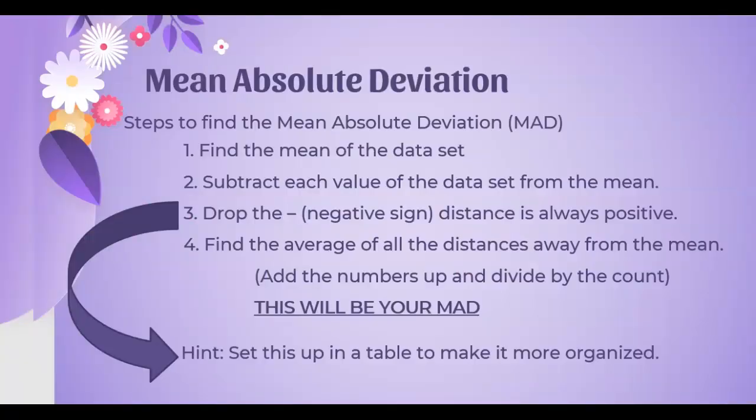So here's just a review of the steps that we use to find the mean absolute deviation. If you didn't get it the other day, you can get it now. Take a screenshot, stop the video. You can write it down, but make sure you have it in your math notes somewhere.